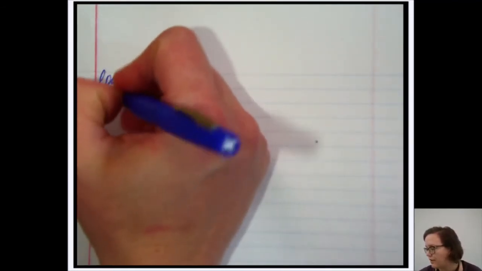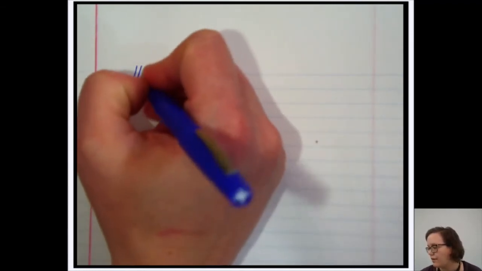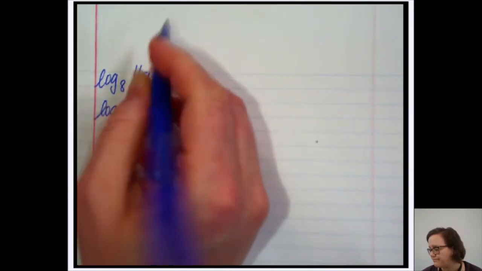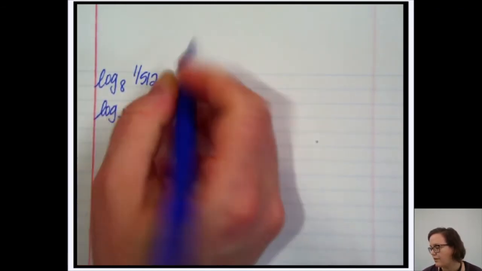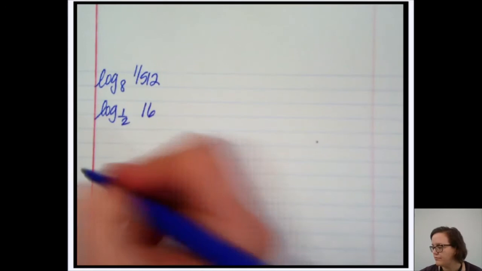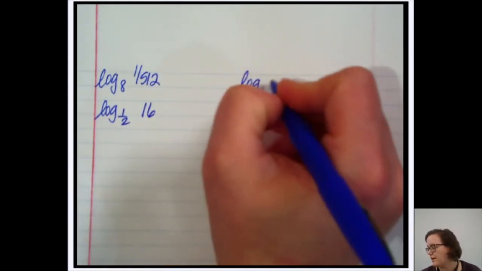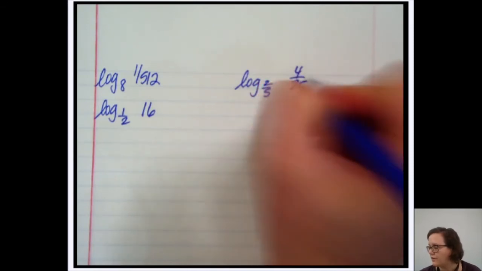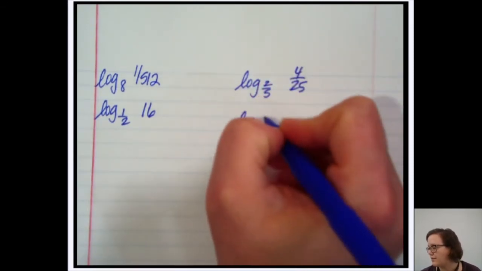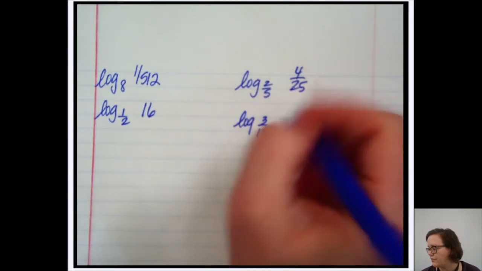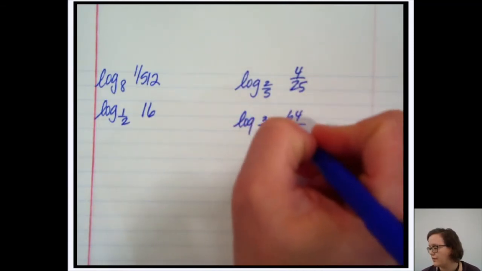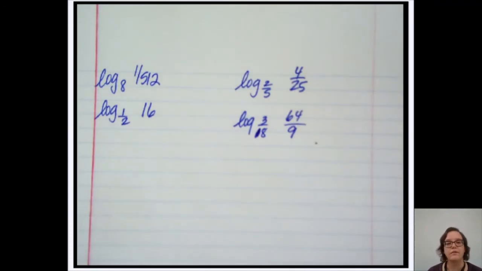Let's take log base 5/12 of 8, log base 1/2 of 16, log base 2/5 of 4/25, and log base 3/8 of 64/9. So try those and then come back and check them with me.